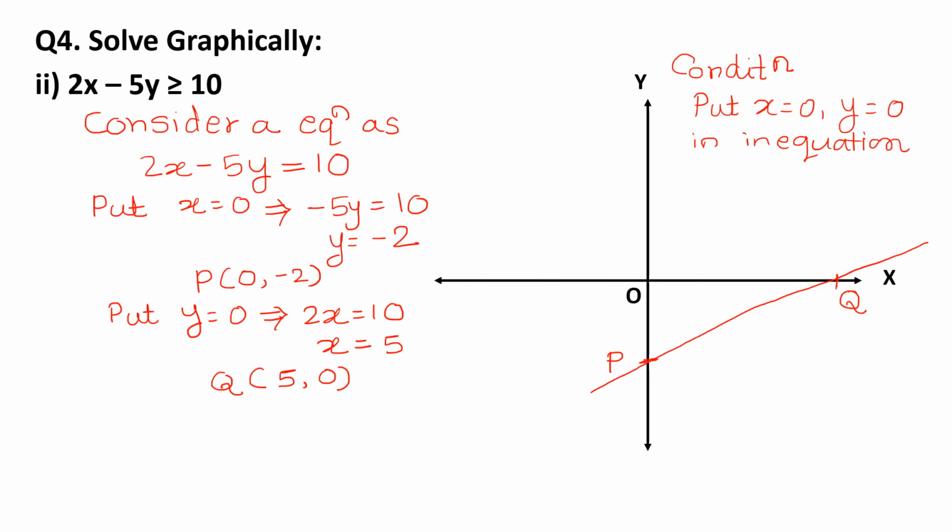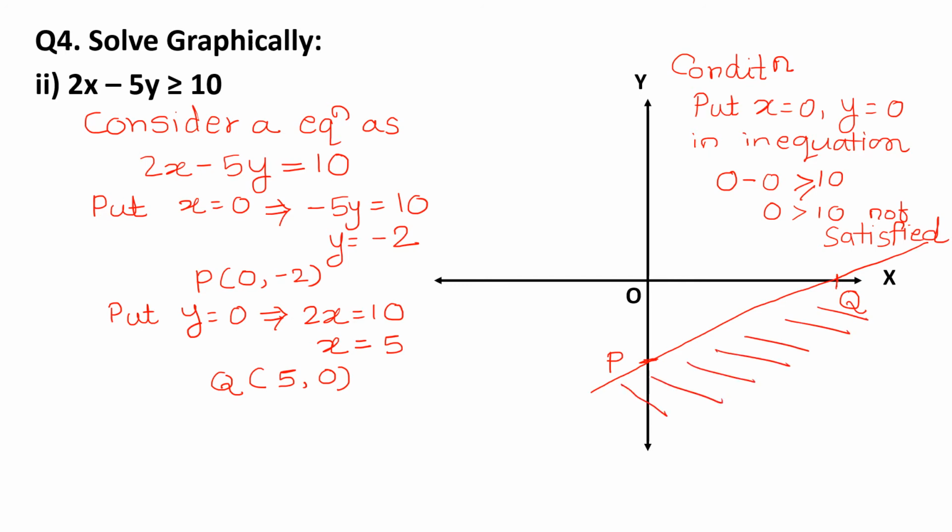If I put x equal to 0, y equal to 0, what I get is 0 minus 0 greater than 10. So 0 greater than 10, the condition is not satisfied. What I should do? I should go for the solution as the non-origin side. So this will be the solution for the given problem.